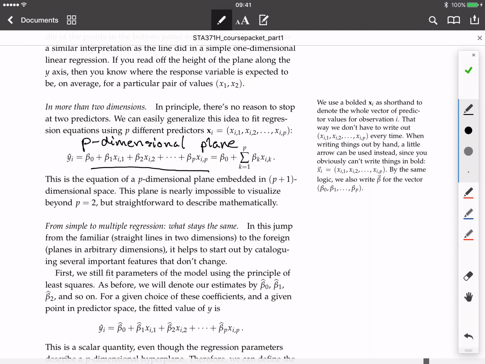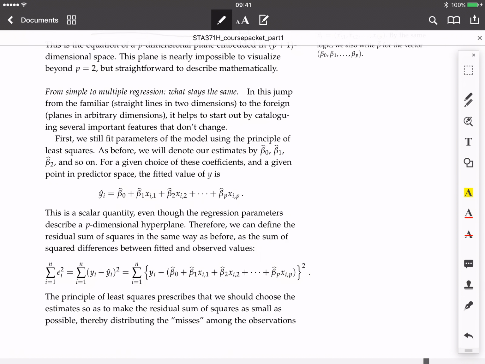So what actually stays the same when we move from single variable regression to multiple variable regression? Well, the first thing that stays the same is that we still fit the variables using least squares, OLS, ordinary least squares.